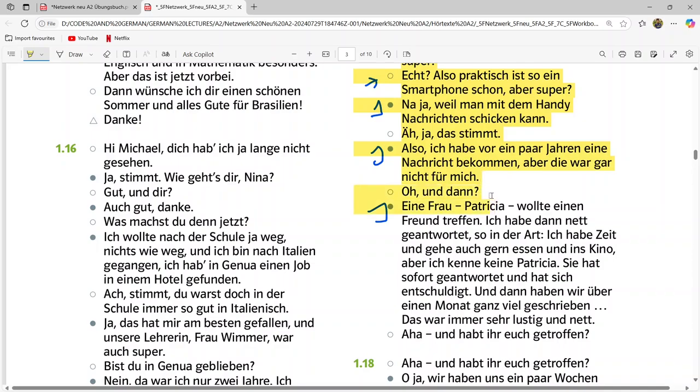Oh, und dann? Eine Frau, Patricia, wollte einen Freund treffen. Ich habe dann nett geantwortet, so in der Art, ich habe Zeit und gehe auch gern essen und ins Kino, aber ich kenne keine Patricia. Sie hat sofort geantwortet und hat sich entschuldigt. Und dann haben wir über einen Monat ganz viel geschrieben. Das war immer sehr lustig und nett. Aha, und habt ihr euch getroffen?